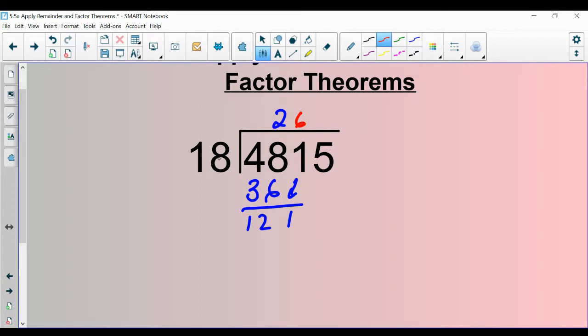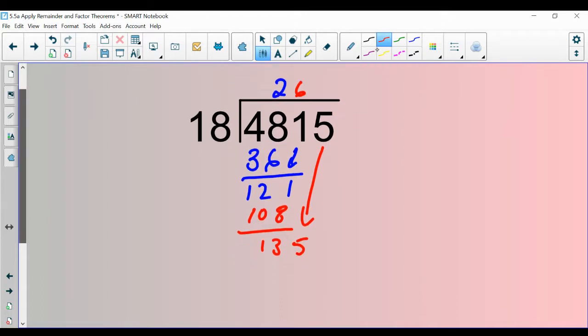Our next step is to do 6 times 18, which is 108. Just like before, we then subtract: 121 minus 108 is 13. After you do the subtraction, drop the next number down and start over. Another revolution, another cycle of this process.